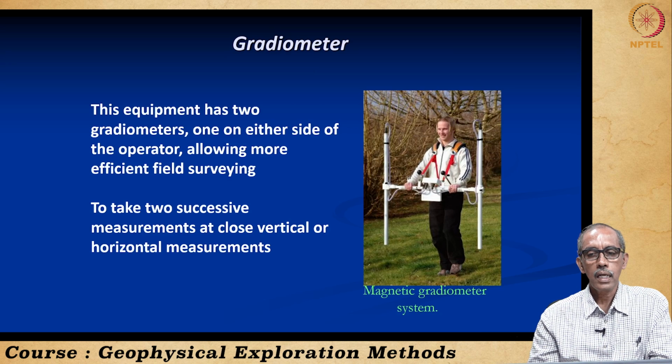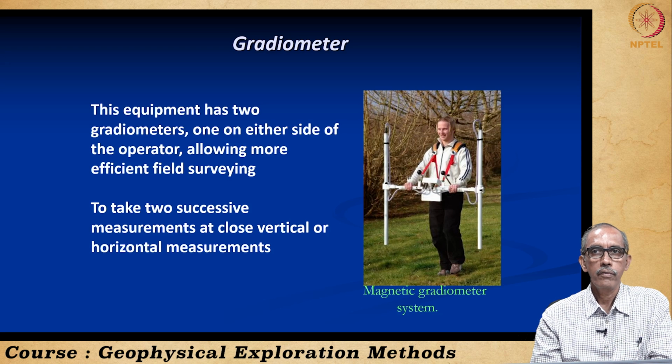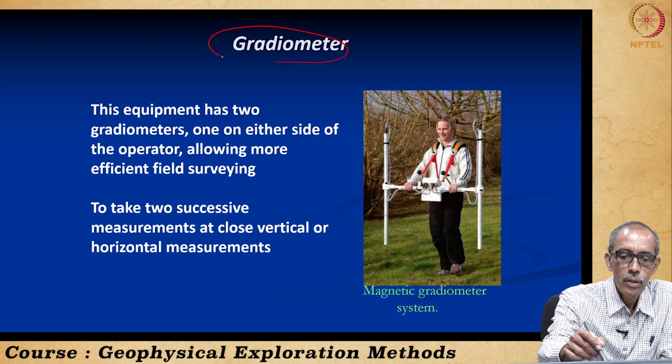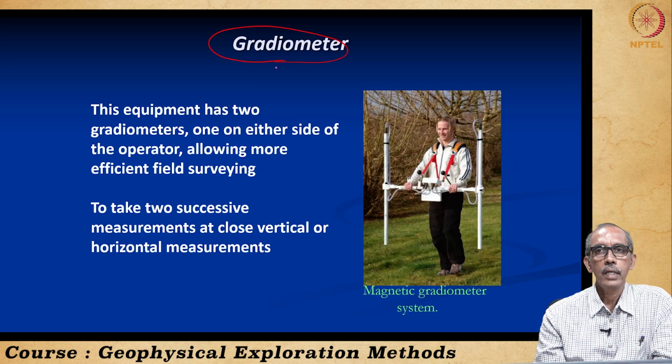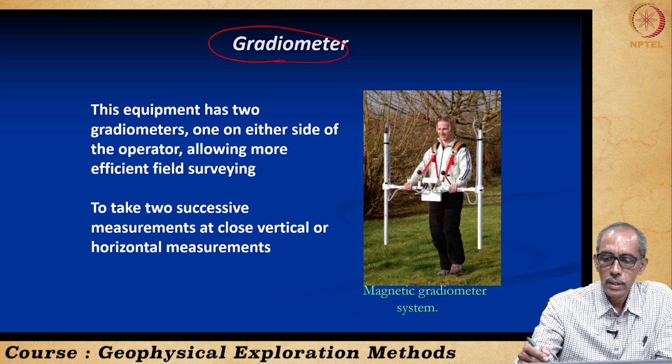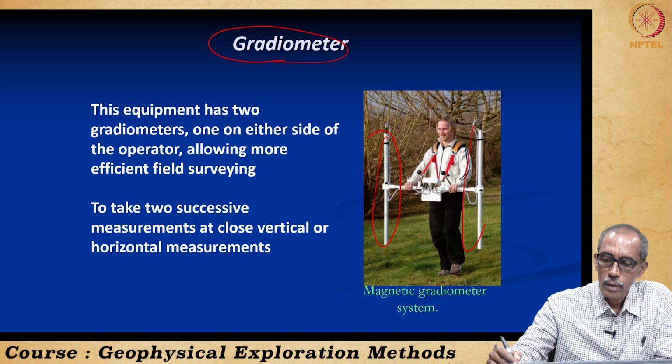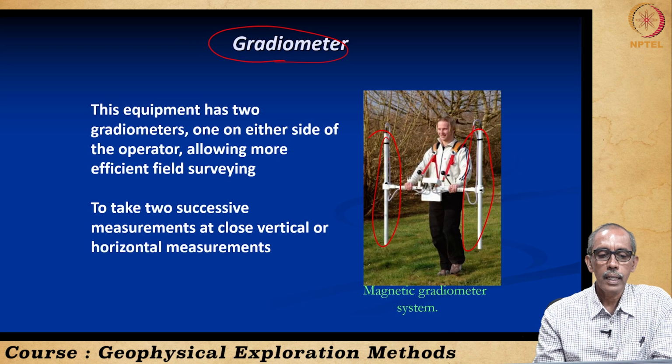A combination of two equipments, which we have seen so far. When you use two equipments, then it becomes a gradiometer. That means a person can carry the gradiometer as you see here, with a magnetometer on either end.